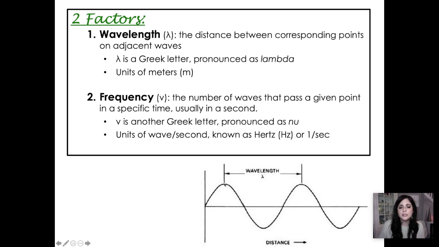The distance between these two waves that are right next to each other, we call one wavelength. And you can literally measure that in units of meters or centimeters or kilometers, whatever it might be, even nanometers sometimes. So we call that a wavelength.